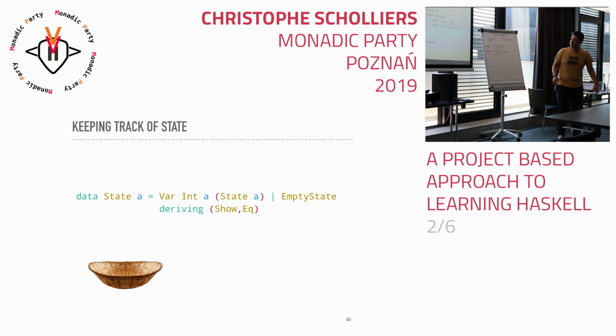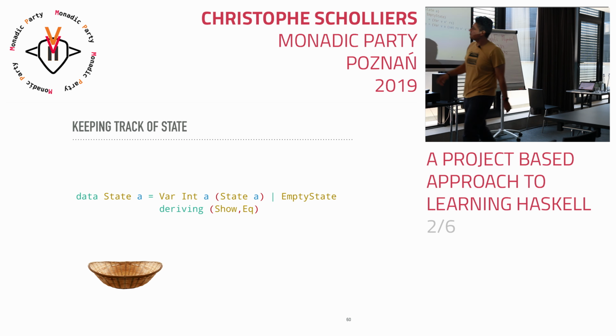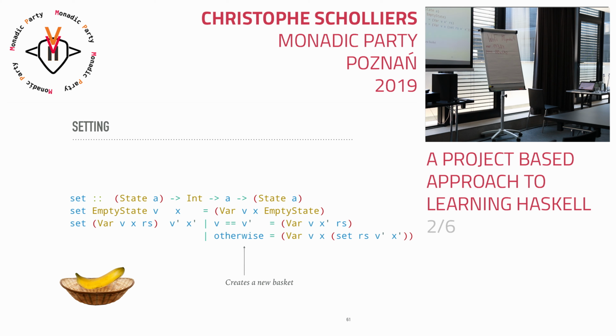Okay, so to set something, we take a state of A's. We take a certain address, and we want to have a new value A for that address. And then we get a new state.